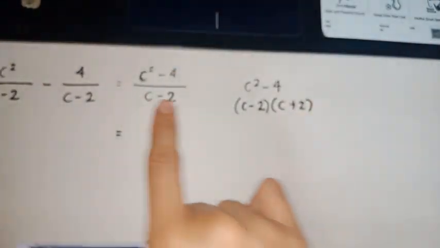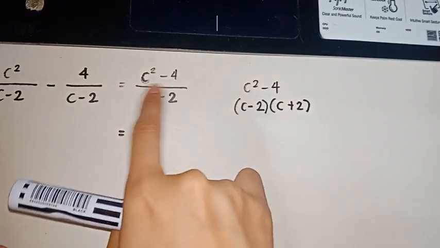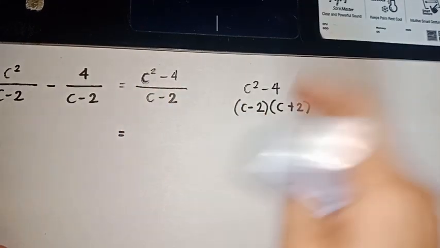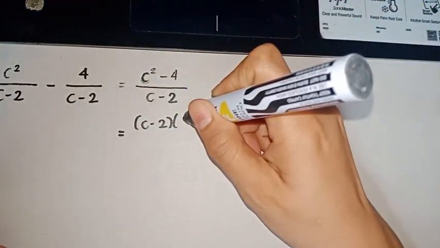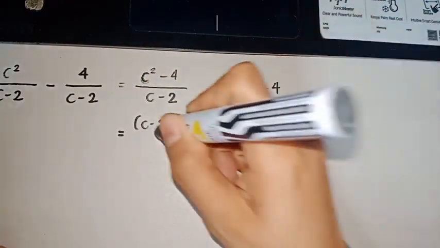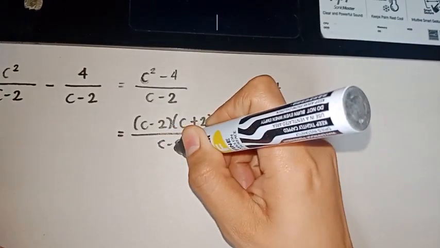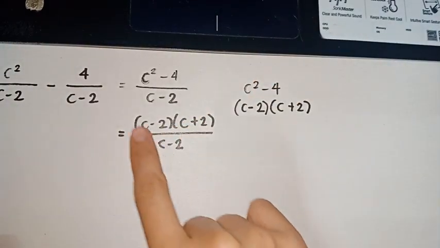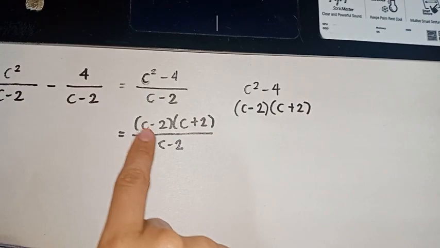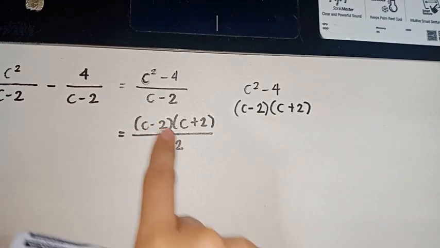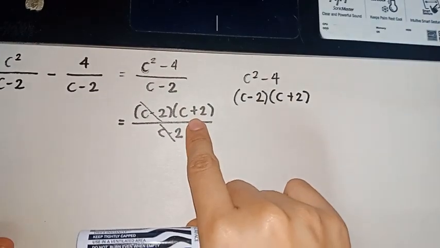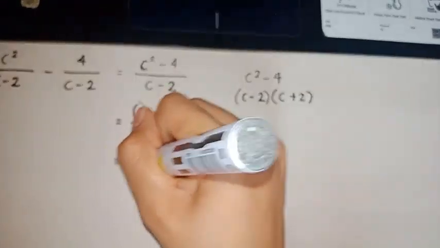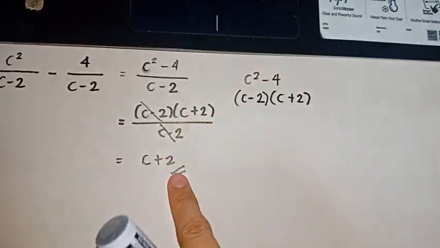Let's write that down. The factors of c squared minus 4 are c minus 2 times c plus 2 all over c minus 2. After getting the factors, you can notice that we have common factors. So all we have to do is cancel that out, and we are left with c plus 2. So c plus 2 will be our final answer.